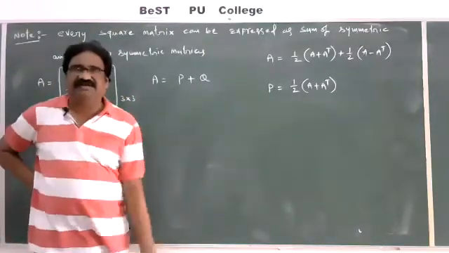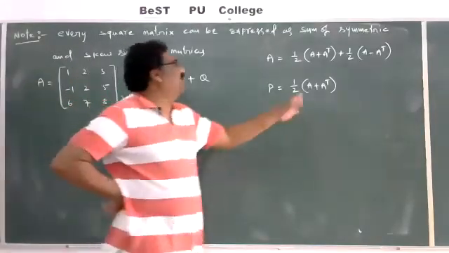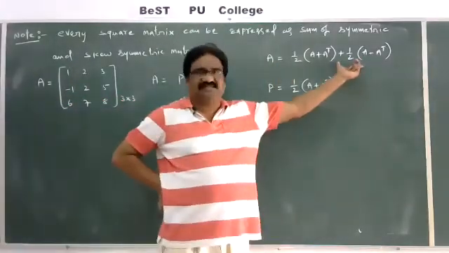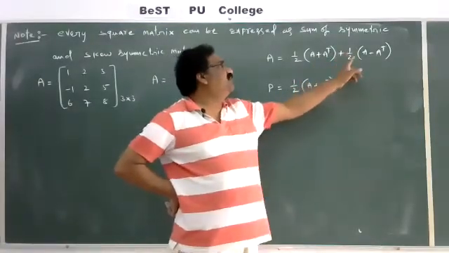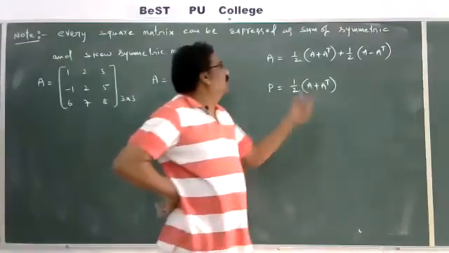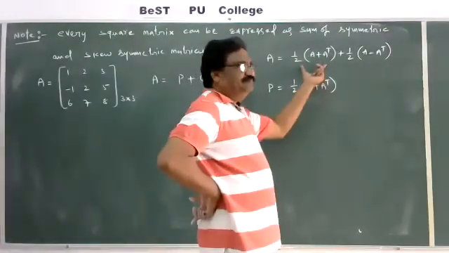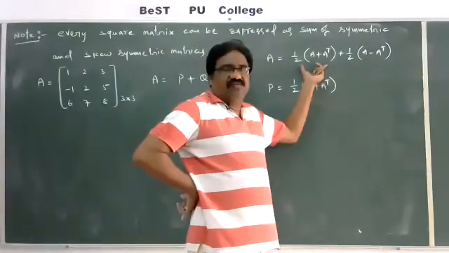This is the statement we want to prove. First we consider A equal to 1 by 2 into (A plus A transpose) plus 1 by 2 into (A minus A transpose). Then we consider this first part as P, a symmetric matrix, and we want to prove this.